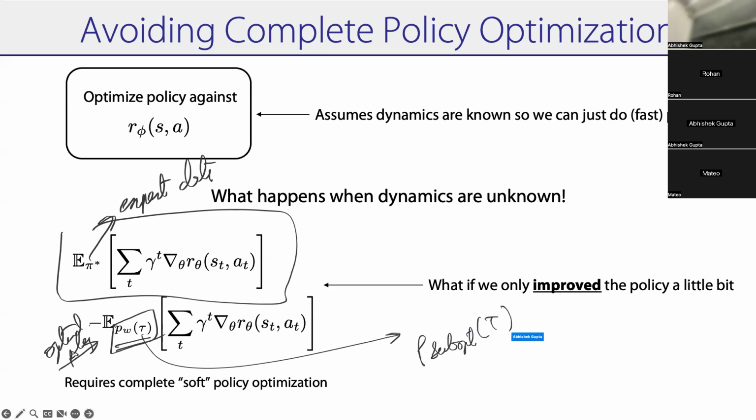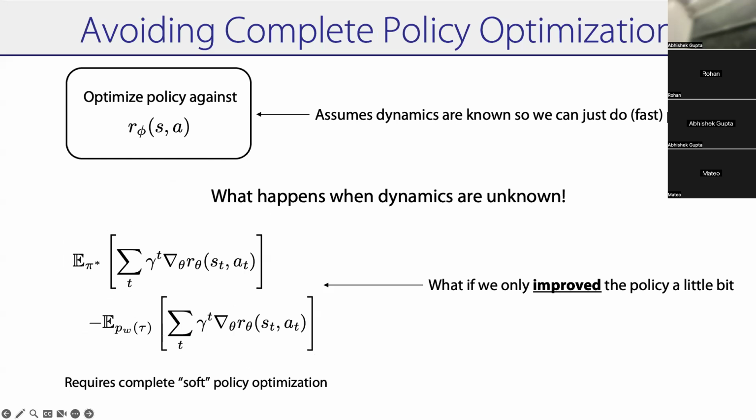The problem is the expectation is wrong. Right? It's just under the wrong distribution. And so how do we fix it? So what we want to do is not have to go to optimality every time. We're going to use a different suboptimal policy. How can we still compute this gradient even if I didn't have the optimal policy?